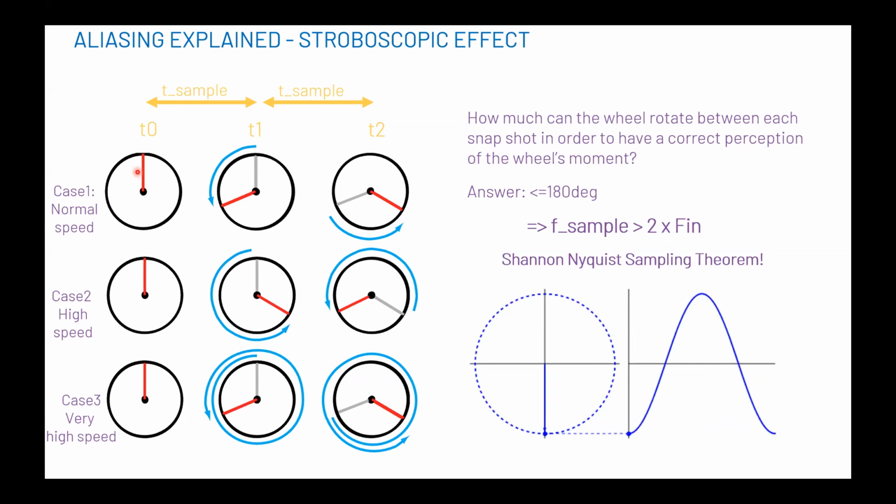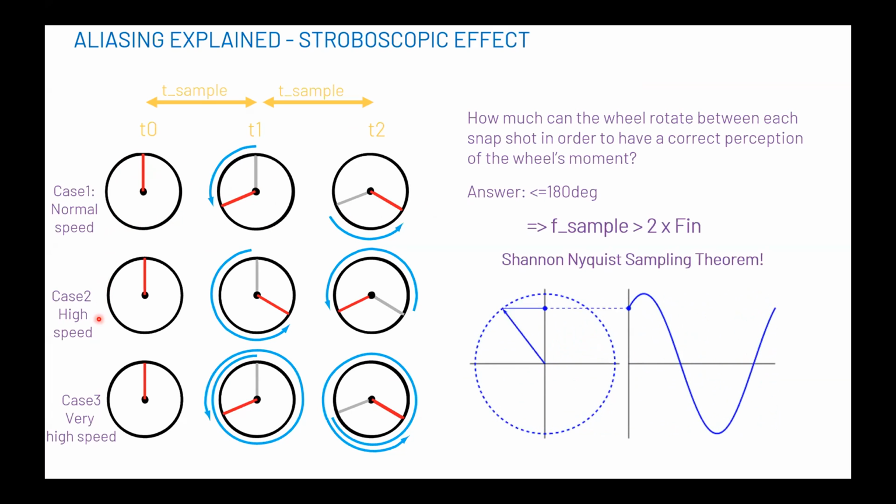Now, in the case of a normal speed of this wheel, which is spinning in an anti-clockwise direction, you will first observe it at, say, 0, then it would have moved by, say, 1/3, and then again 1/3 at T2. So in this case, what I perceive is that my wheel is rotating in an anti-clockwise direction at a particular speed.